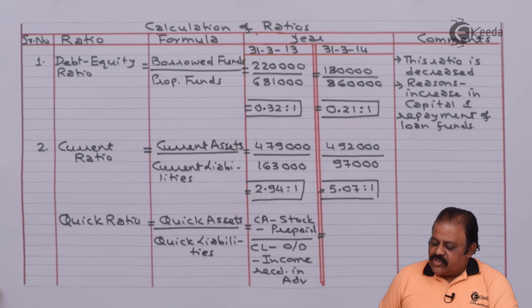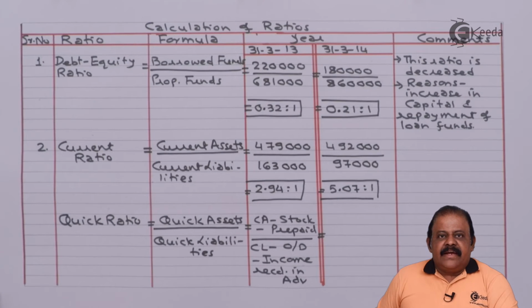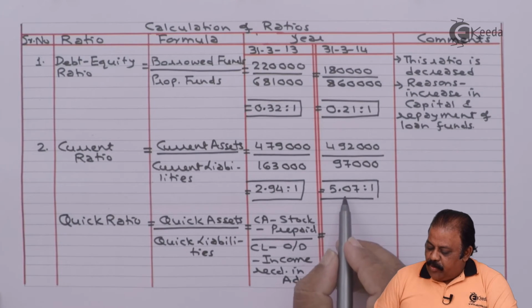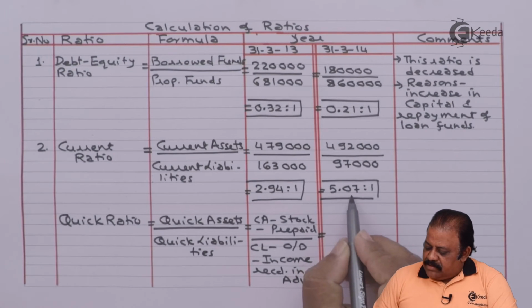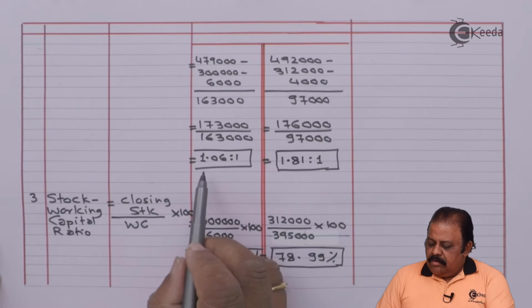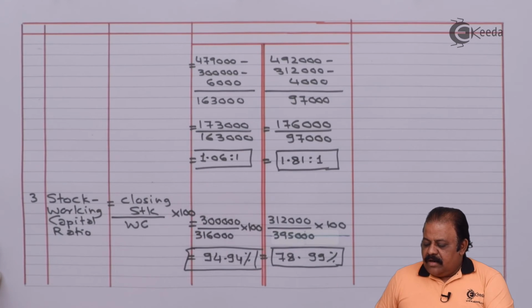Next we have current ratio. For first year it is 2.94:1, second year it is 5.07:1. Quick ratio 1.06:1 and 1.81:1.